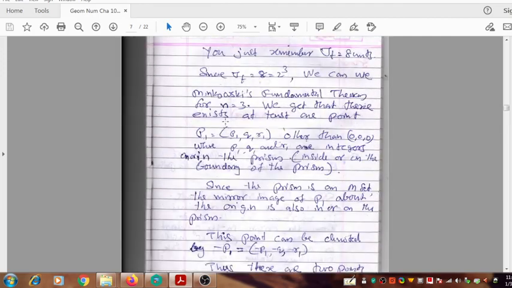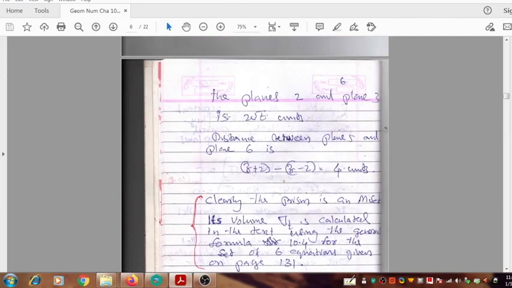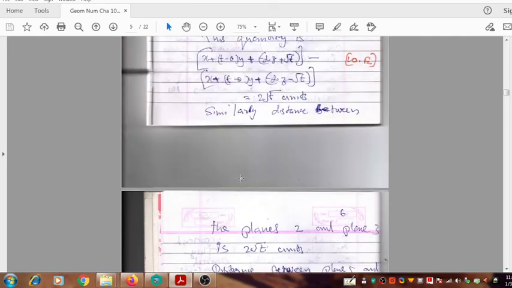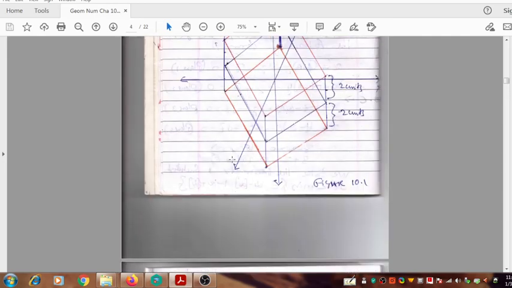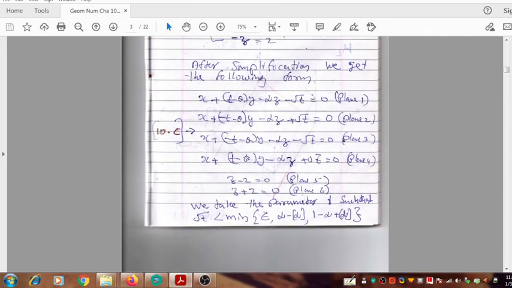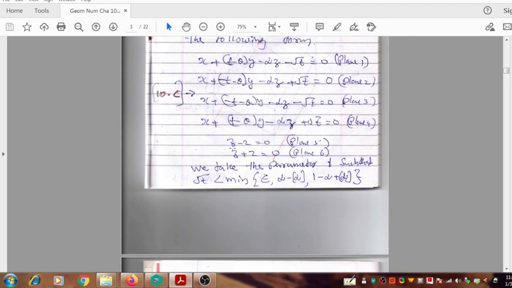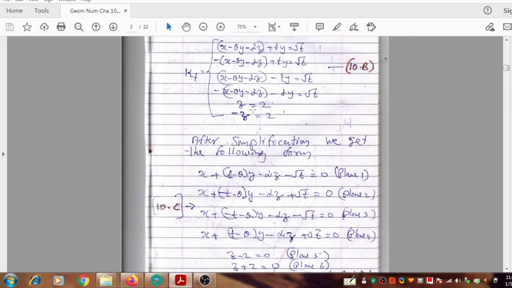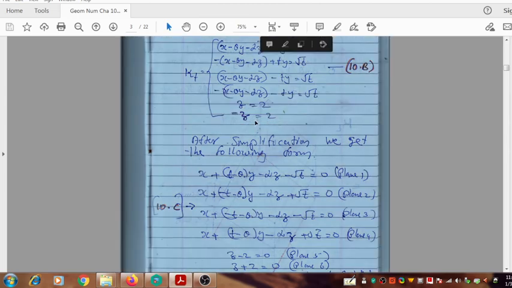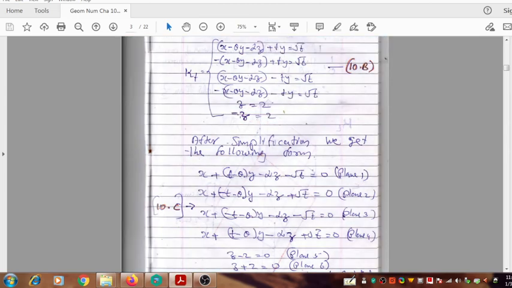The top face equation is z equal to 2, and the bottom face has the equation z equal to -2.